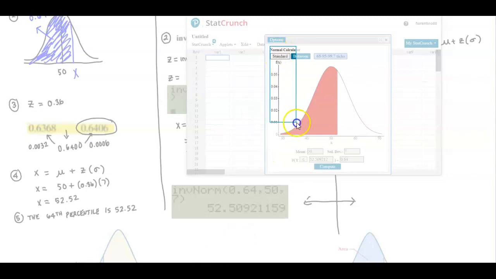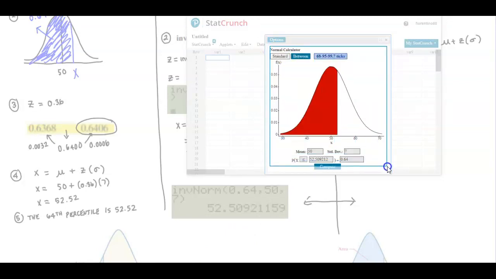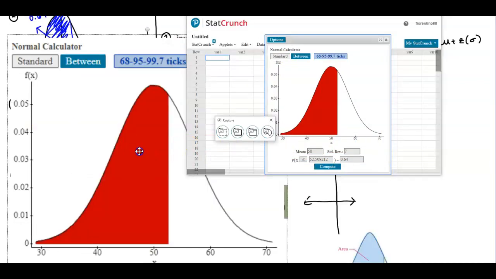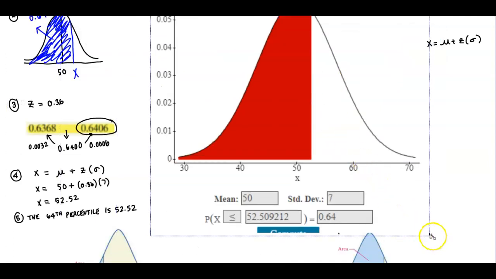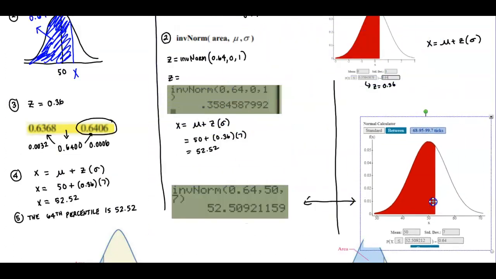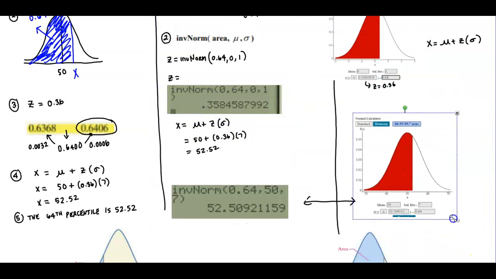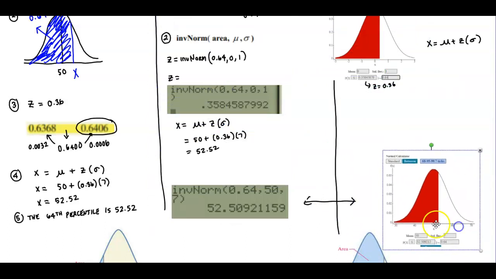Unless you convert it to a z-score, you have to be careful. Don't assume that just putting in those numbers is going to get you the exact answer. You have to convert it to a z-score. You're not going to be doing this part here, but I wanted to make sure you saw the difference.